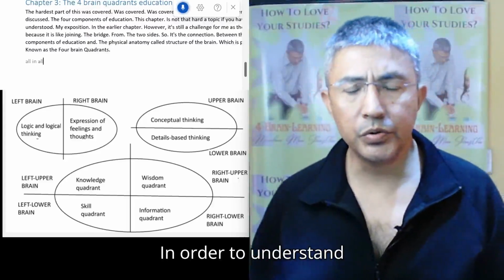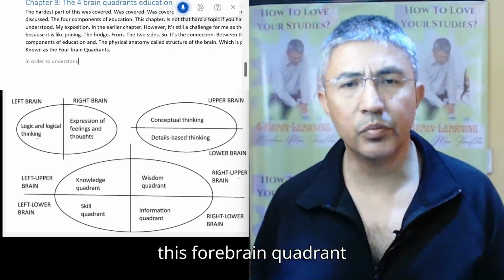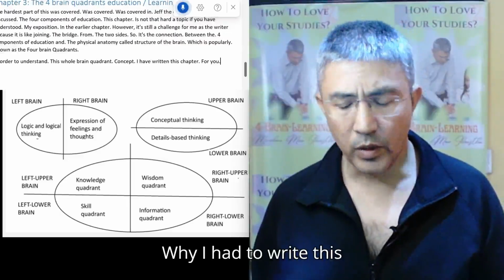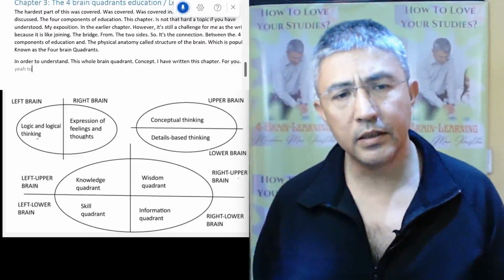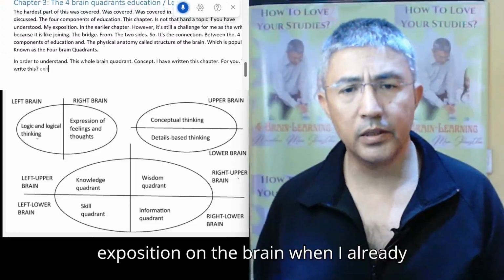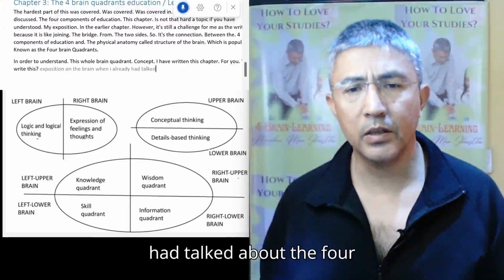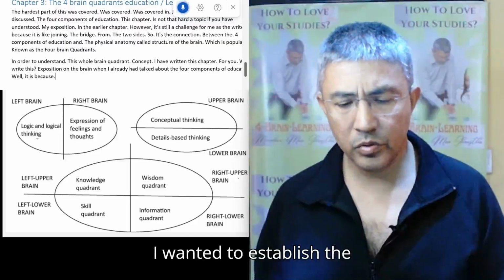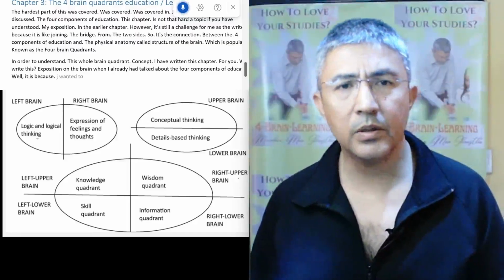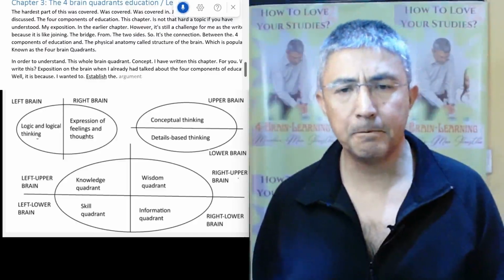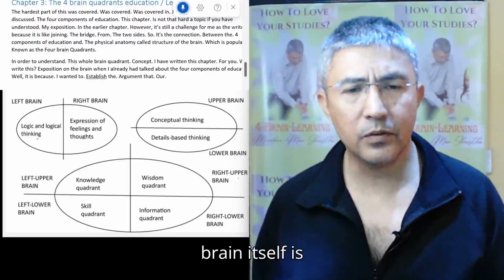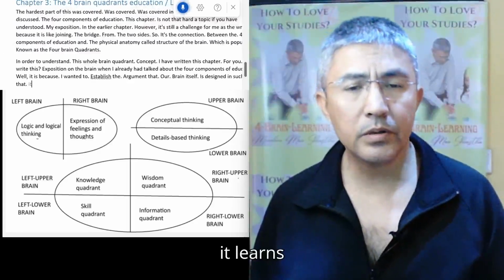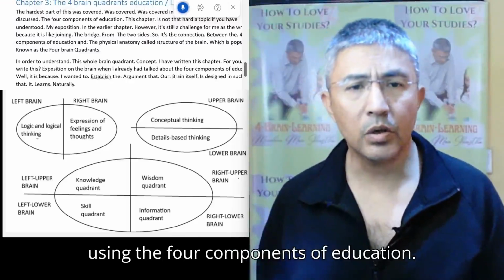In order to understand this four brain quadrant concept, I have written this chapter for you. Why did I have to write this exposition on the brain when I already had talked about the four components of education? Well, it is because I wanted to establish the argument that our brain itself is designed in such a way that it learns naturally using the four components of education.